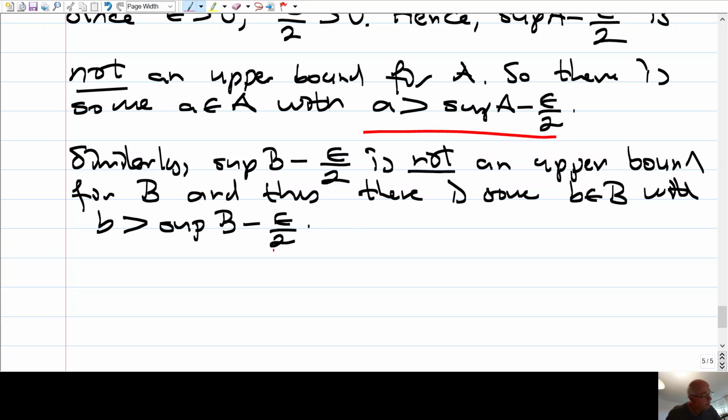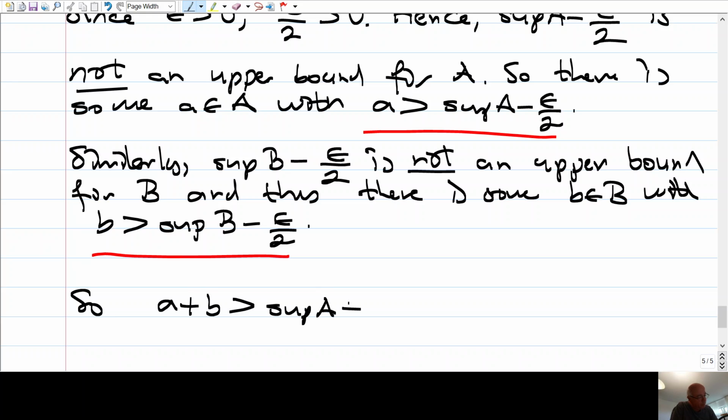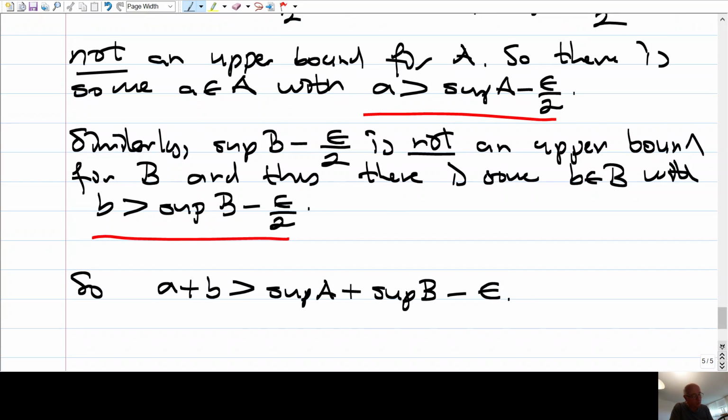This one and this one, and add them up. So we get what? a plus b is larger than supremum of A plus supremum of B minus epsilon over 2 plus epsilon over 2, which is epsilon.